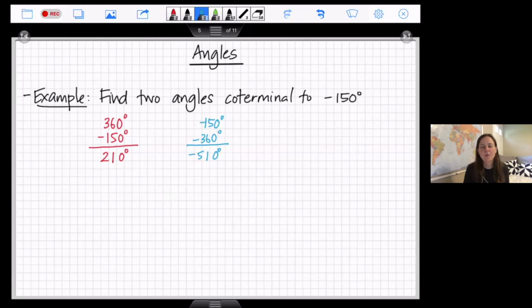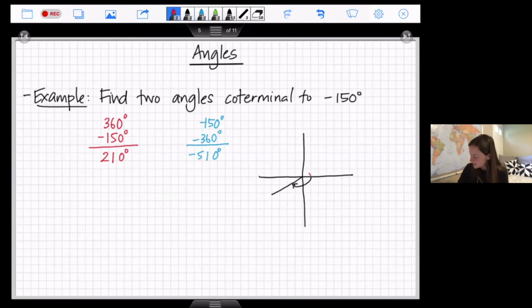Let's draw all three of these angles and make sure it makes sense that we're doing coterminal angles. So negative 150 degrees, that is a clockwise angle. It's less than 180, so it's going to land you over here in quadrant 3. The positive angle was 210.